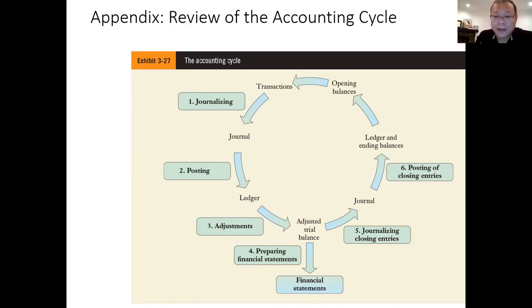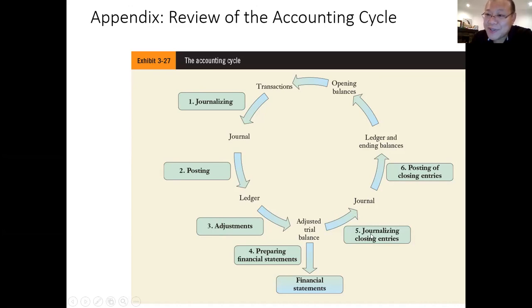Remember? Okay, so then you're going to have the adjusted trial balance. Based on the adjusted trial balance, you are going to prepare the financial statements. So that's your product, financial statements. And then you are going to close your revenue and expenses into retained earnings, right?